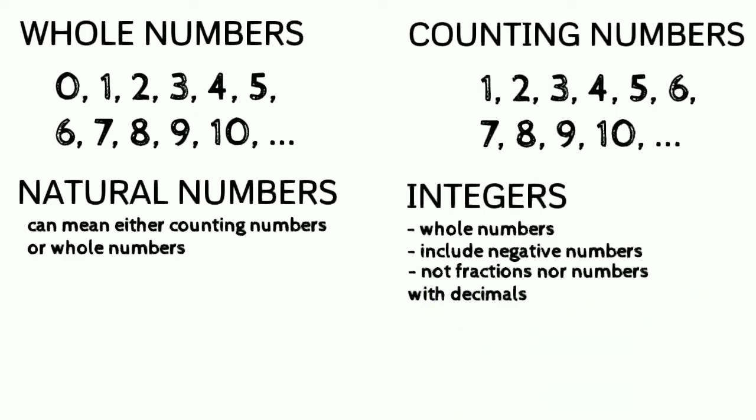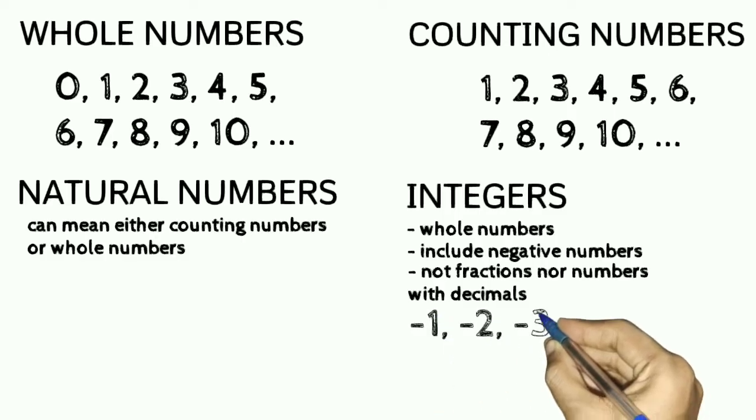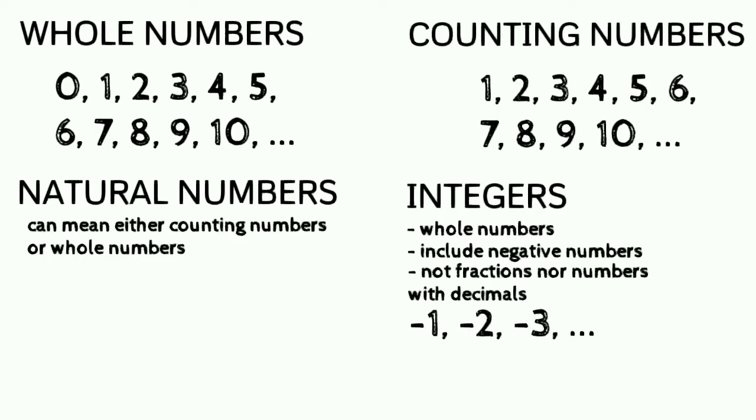What are the examples of integers? We have negative 1, negative 2, negative 3, negative 4, negative 5, and so on. Other examples are 1, 2, 3, 4, 5, and so on. What if 0? Is 0 an integer?